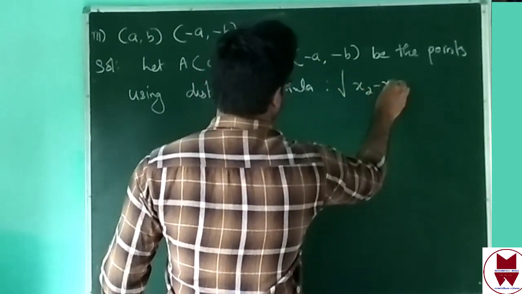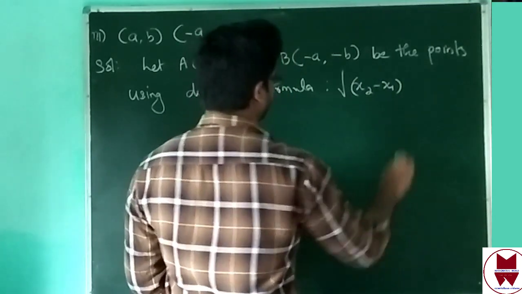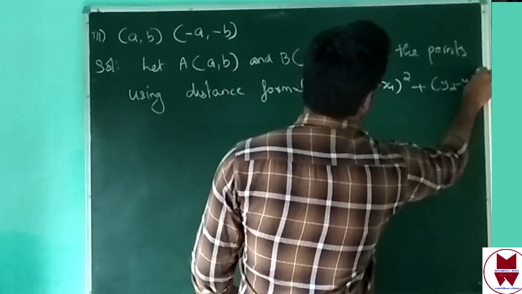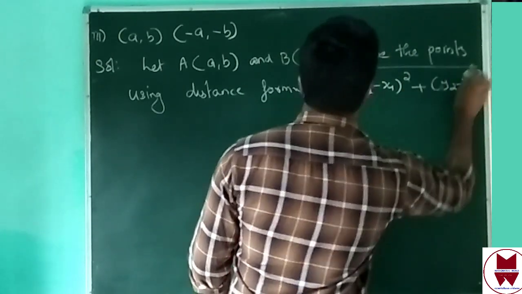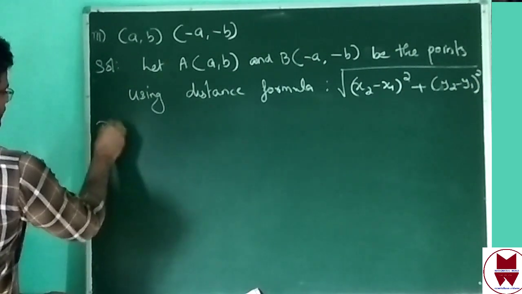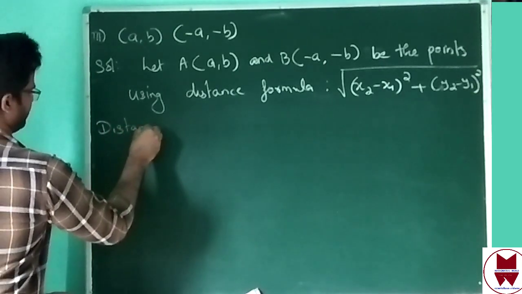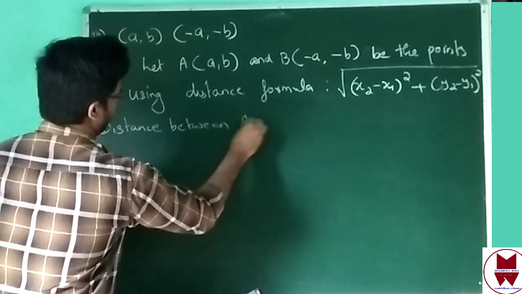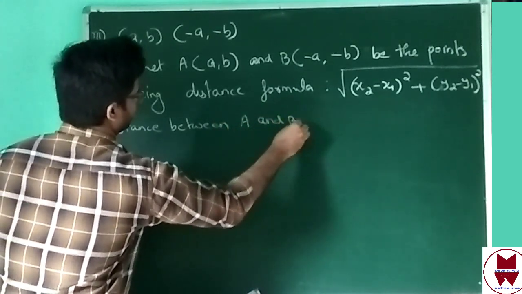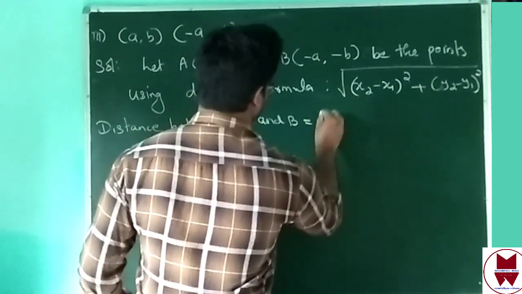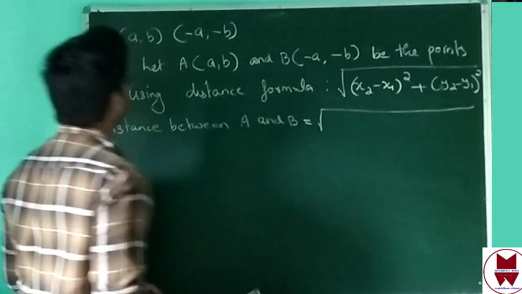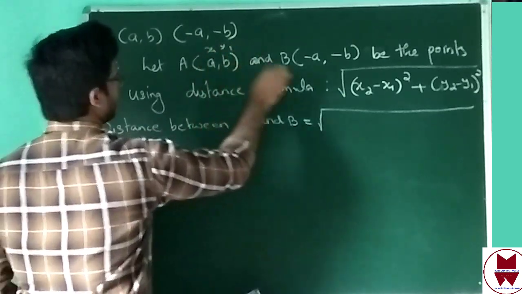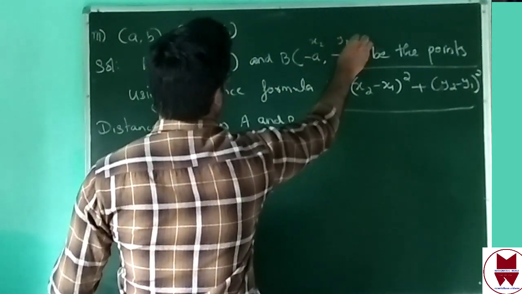You can write that distance formula: x2 minus x1 all square plus y2 minus y1 all square. The distance between A and B equal to square root of, in here this first point, this is x1 y1, this is x2 y2, isn't it?